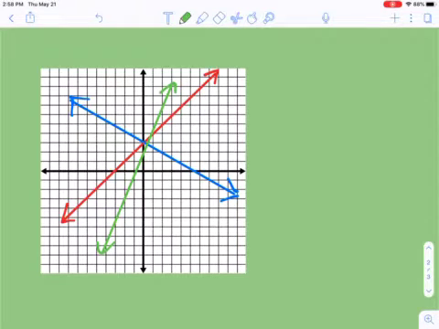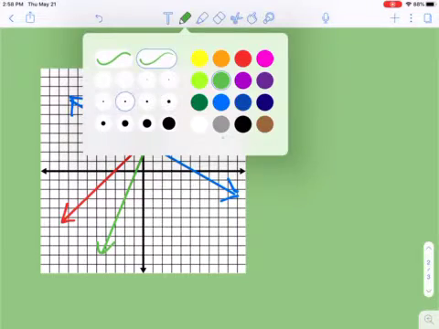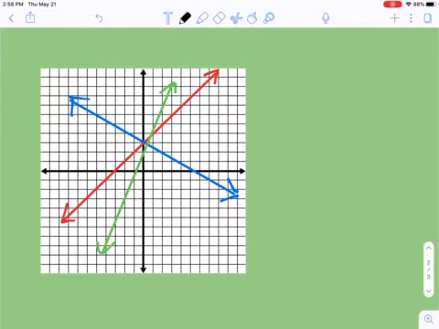Now, here's the thing. What if I said to you, tell me the difference between the red line and the blue line? Well, the obvious difference is that the blue line is going down as it goes from left to right, and we know that if it goes down from left to right, then you have a negative slope.